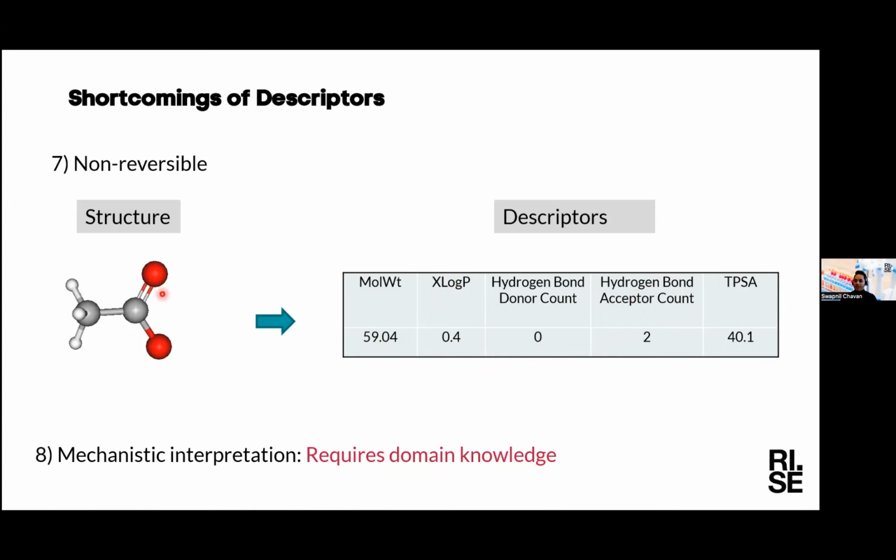For example, here, if there are two oxygens, that's why they have a hydrogen bond acceptor count of two, and these two are forming some kind of hydrogen bond accepting activity within the structure, therefore it's been seen as active or inactive. So without such domain knowledge, one could not do an interpretation. So requiring domain knowledge is another big drawback with these traditional QSAR methods.